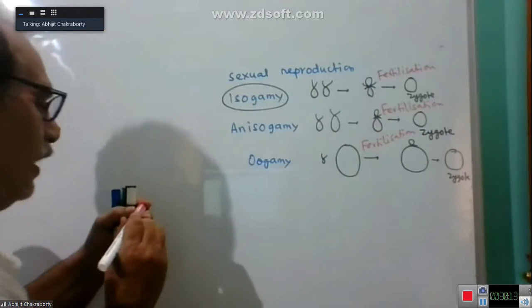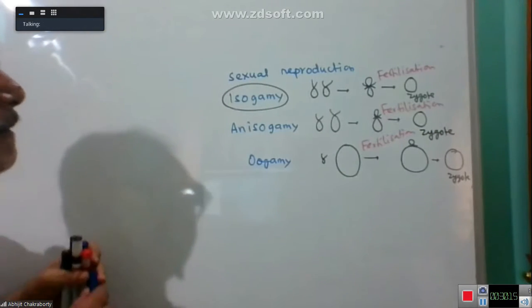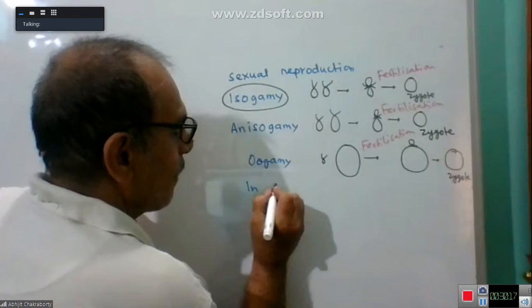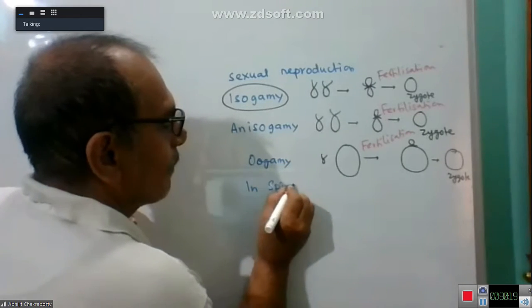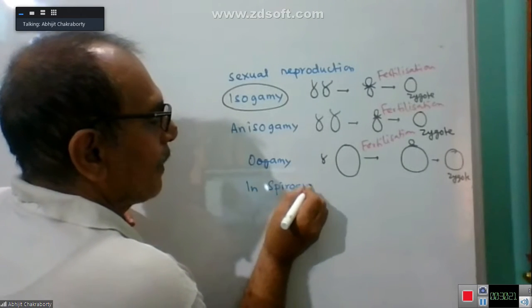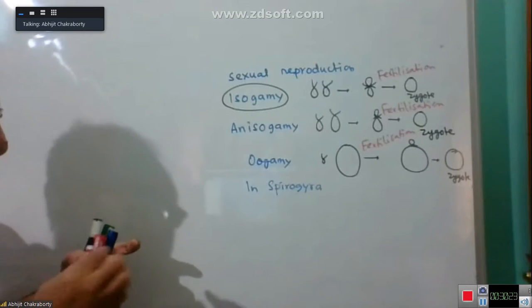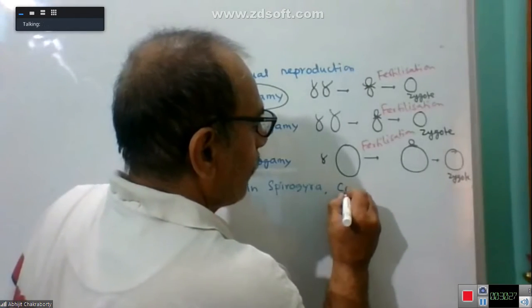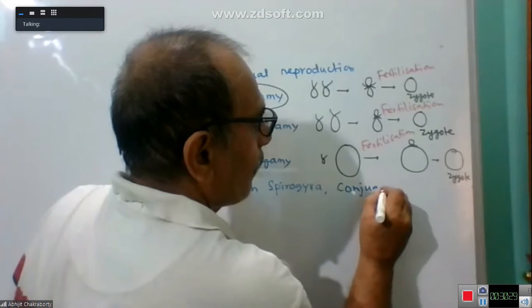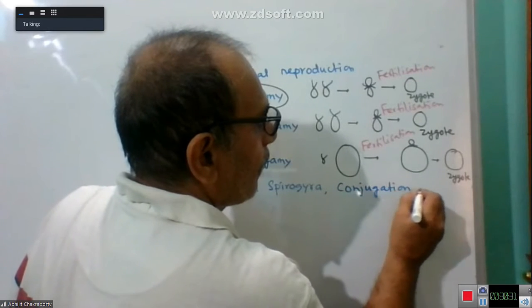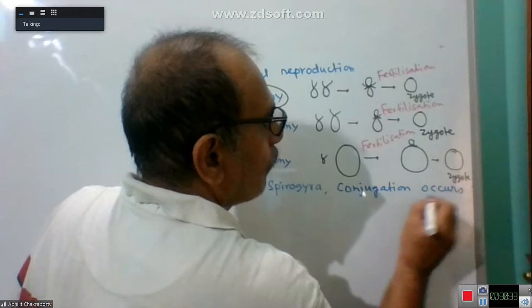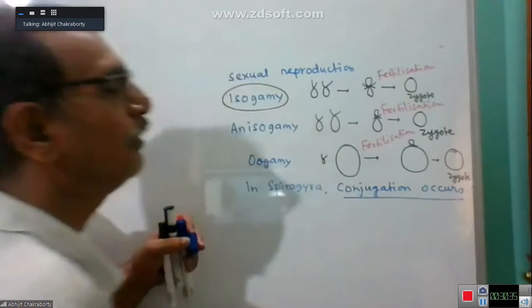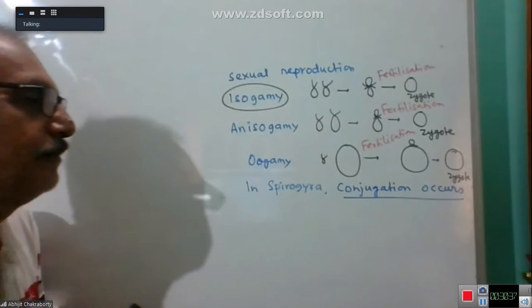But in Spirogyra, conjugation occurs, not fertilization.